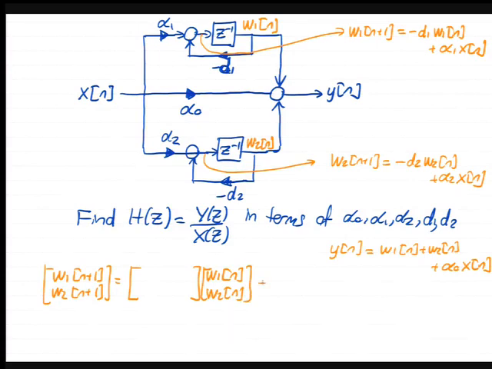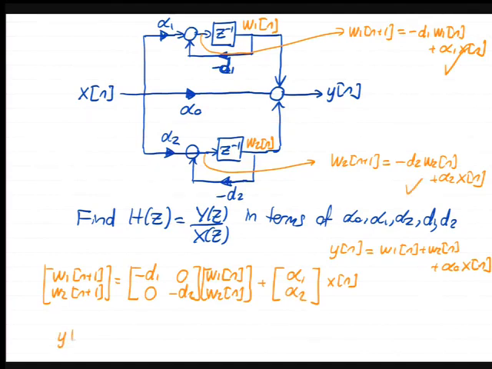Okay, so something times the input, x of n, right? So the entries are negative d1, 0, and alpha 1. So that takes care of this. And then 0, negative d2, alpha 2, that takes care of this.